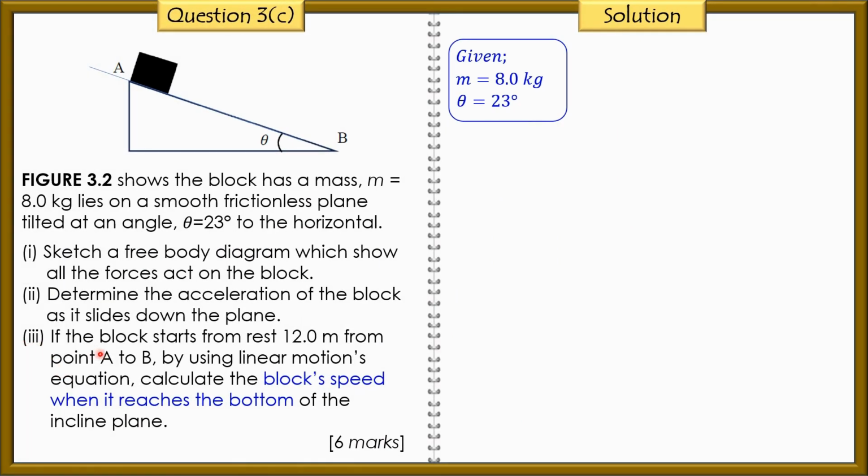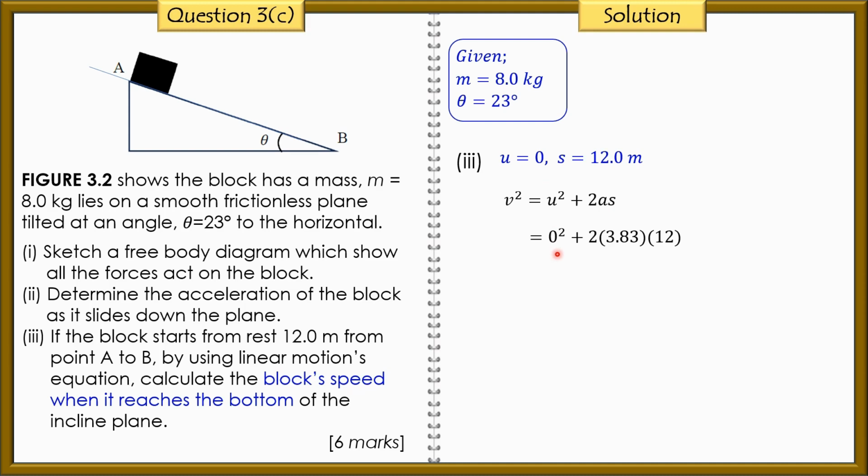The third part: if the block starts from rest and moves 12 meters from point A to point B, by using the linear motion equation, calculate the block's speed when it reaches the bottom of the inclined plane. So we need to calculate the speed when it reaches the bottom using the linear motion equation. Because of that, we choose the equation v squared equals u squared plus 2as, and our initial velocity is 0.